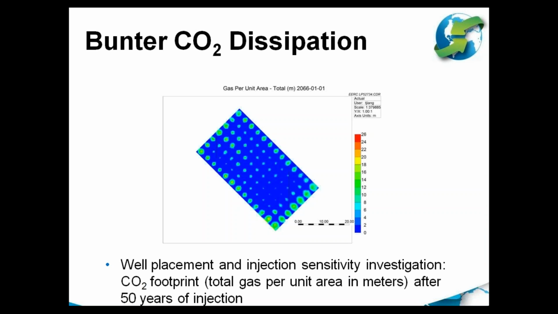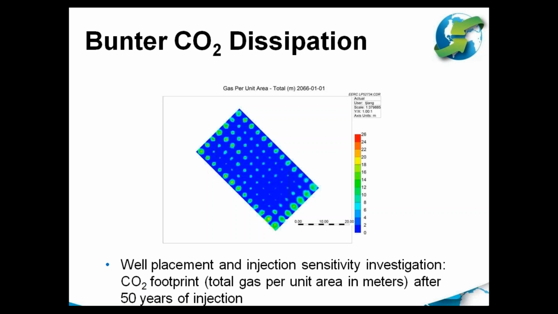With the Bunter, the effect of well distribution and the quantity of wells, as was previously shown, does have an effect on capacity. And what this model output shows is the saturation of CO2 within the reservoir.